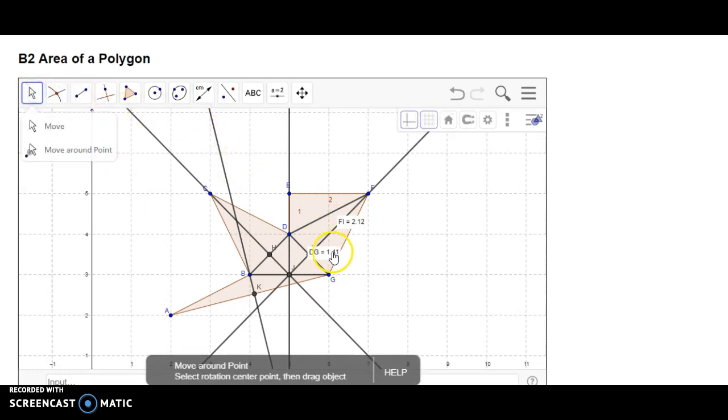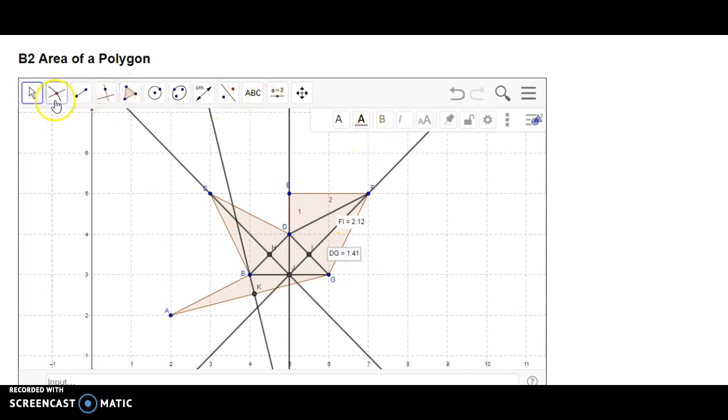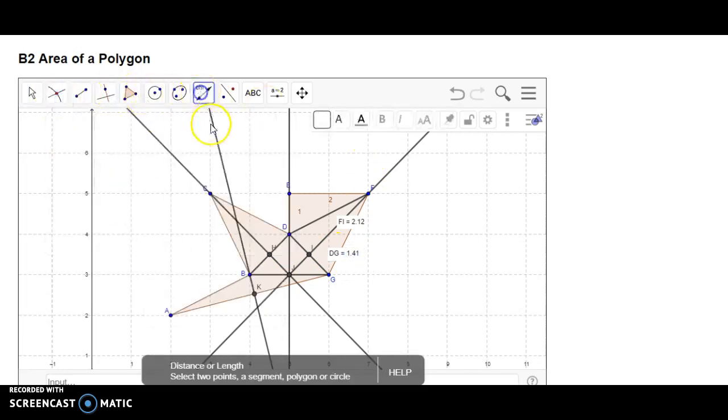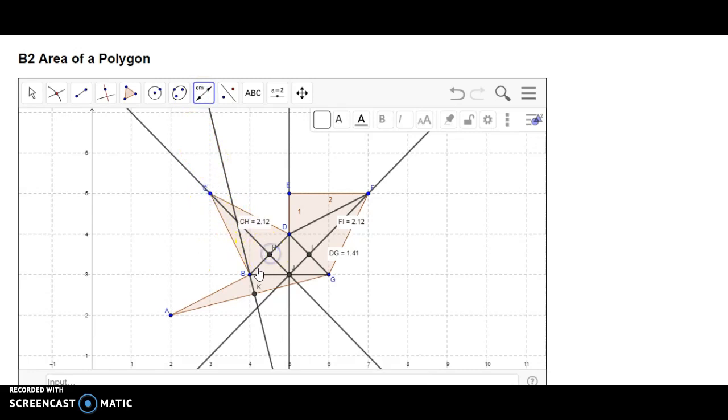If it's just a segment, then we can click on the segment. So let's move that around. Okay, so C, H, B, D. So I'm going through and doing all of the heights and all of the bases. Let's see, there's so many. Okay, I think we got them all.